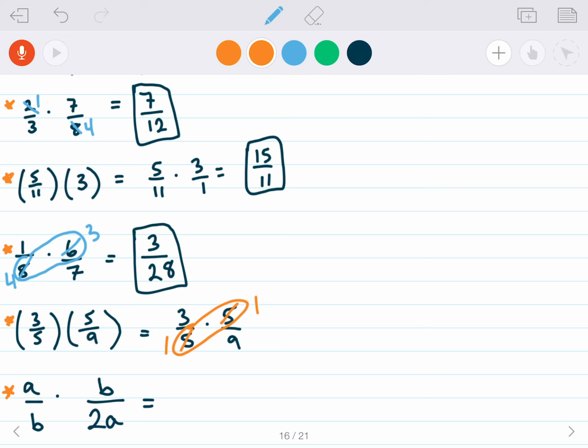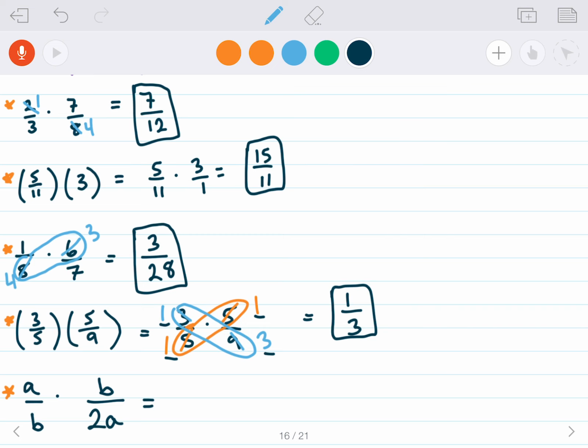Now, if we look on this other diagonal, 3 and 9 can both be divided by 3. 3 divided by 3 is 1, and 9 divided by 3 is 3. And now we can multiply straight across. 1 times 1 is 1 on top. 1 times 3 is 3 on bottom. And that is my answer, you guys.